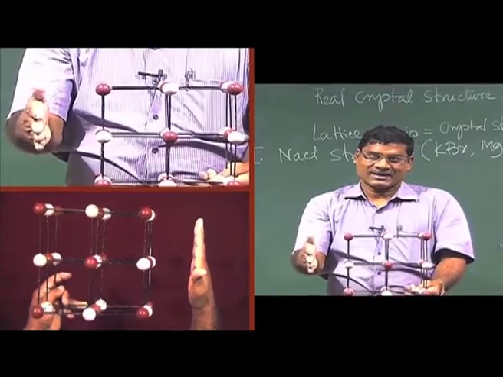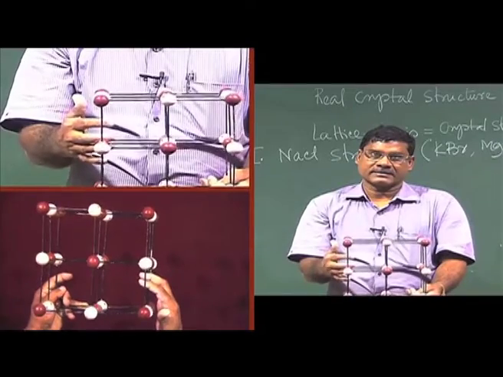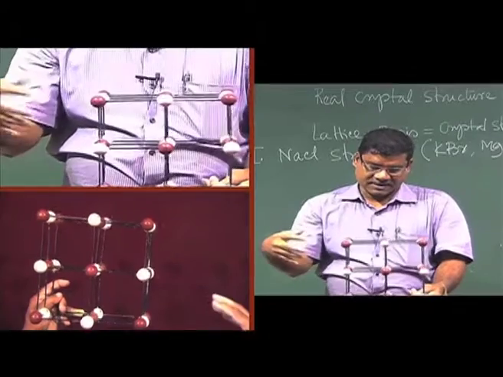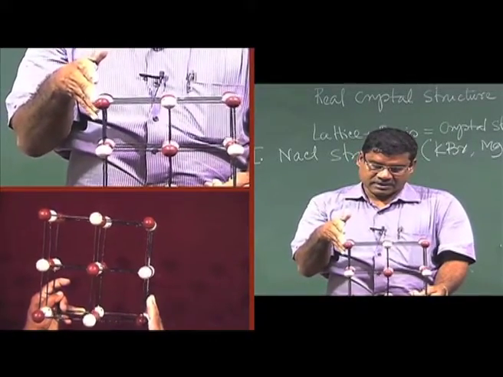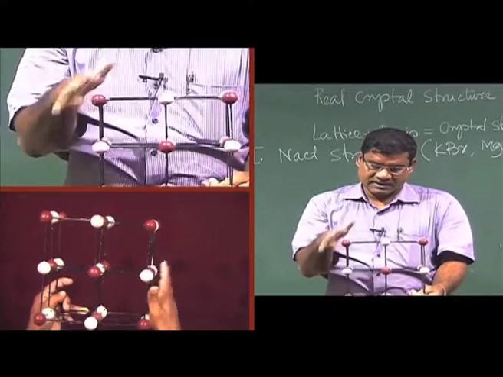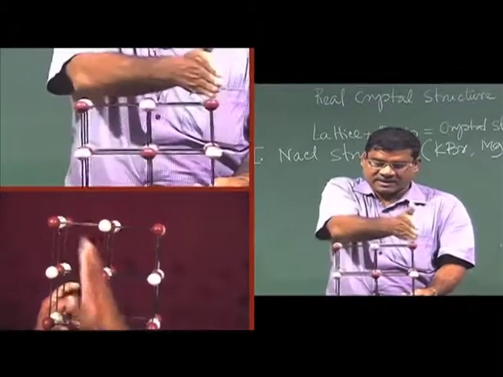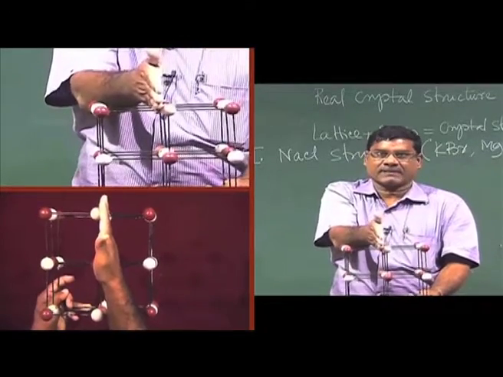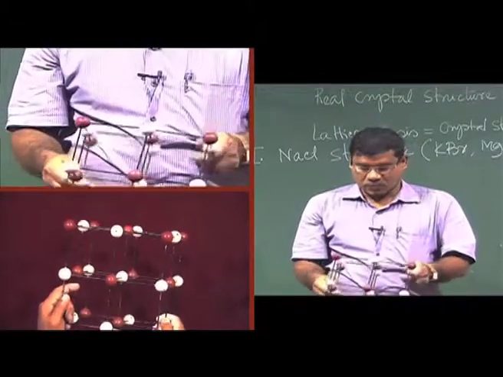So, as if two FCC lattices are interpenetrating in this same structure, just shifting one from the other by half. That way this is the sodium chloride structure.